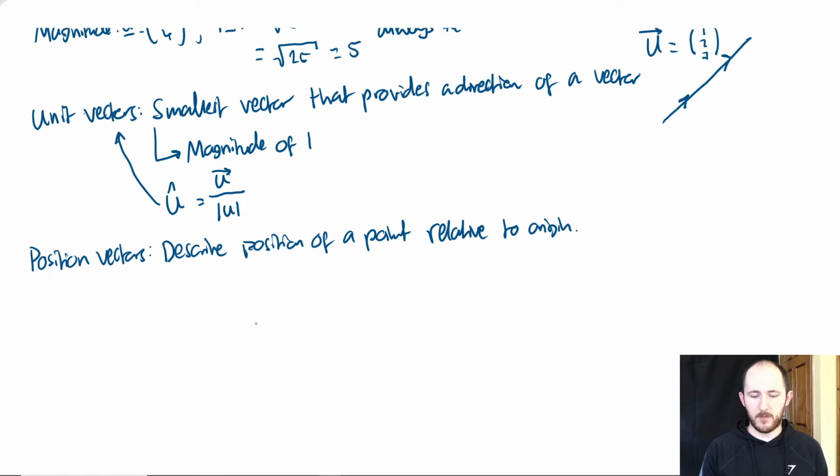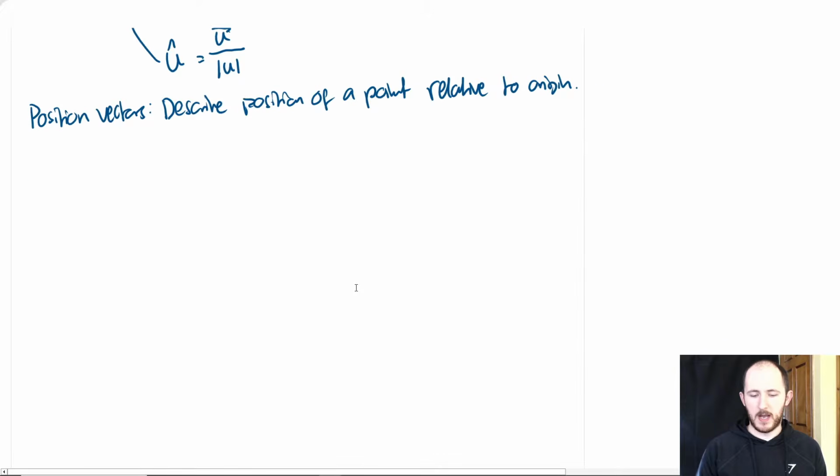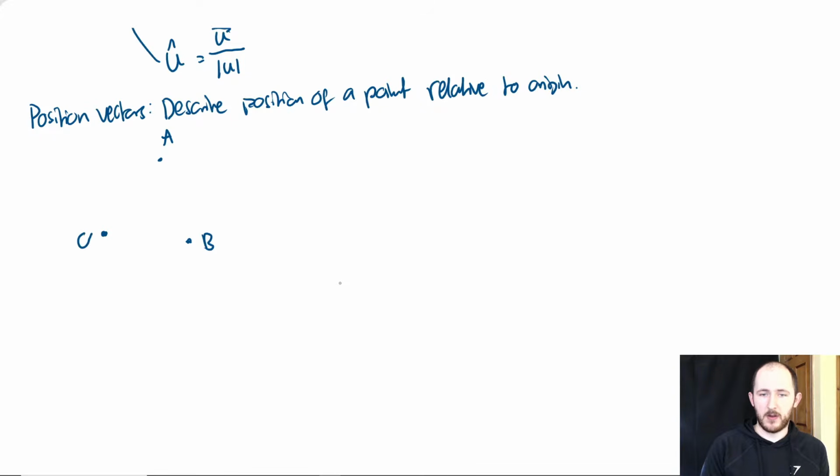So we always take these from the origin itself. Okay. So as an example, if I had a triangle, right, and we had two other points, so we have A and B, and we have O here, then the position vectors you could have as A and B.